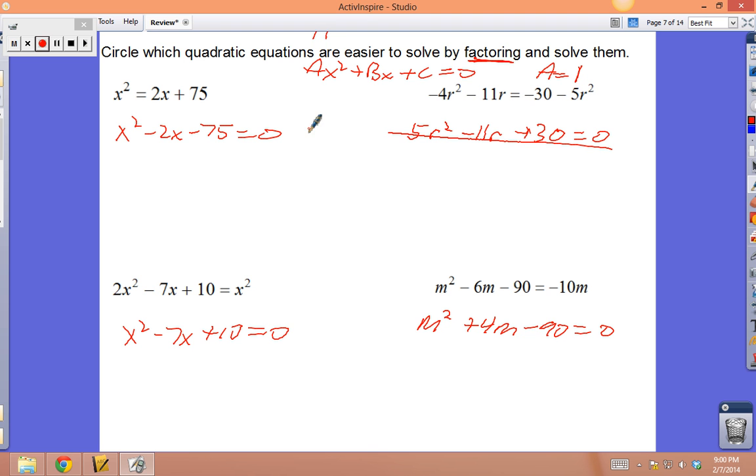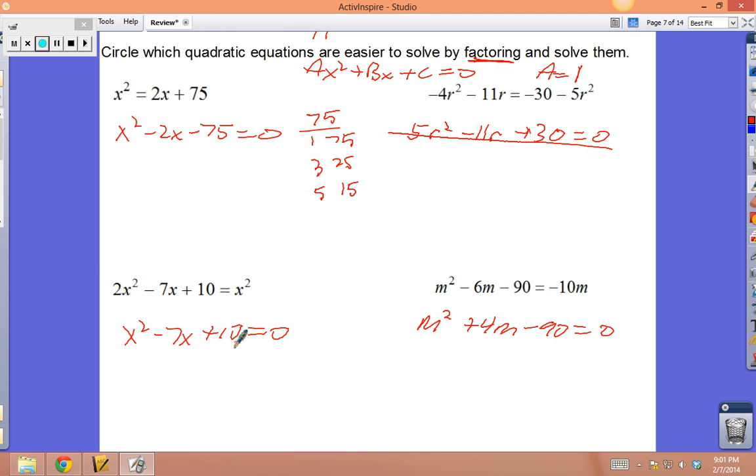Alright, so 75, let's see what goes into 75. 75 is 1 and 75. 3 is going to go in, 3 and 25. 4 is not. 5 and 15. And I think that might be it. So can you combine these anyway and get a negative 2? And the answer is no. So let's see about some of these other ones.